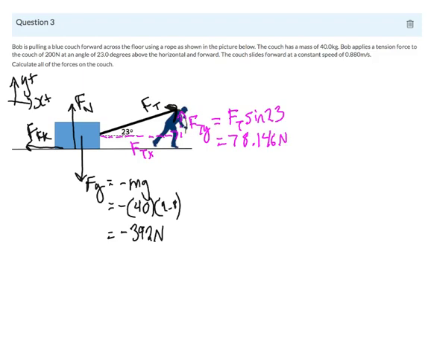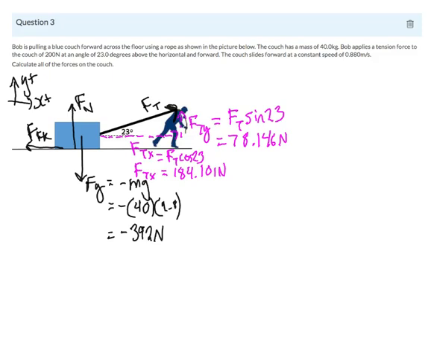It's positive because that's up. Ftx is going to be Ft cos 23, so 200 cos 23, which is 184.101 newtons. And it's also positive because it's forwards.